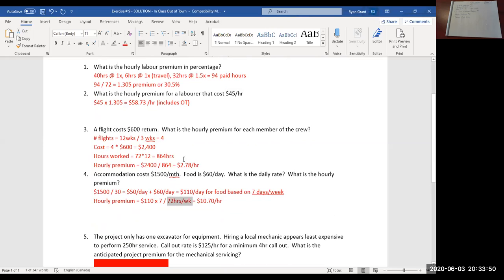But if you forgot this part, so questions 3 and 4, if you forgot these in your estimate, you would be short, say, $2.80 an hour plus another $10.70. So what's that? $2.80 and $10.70. So you'd be short $13.50 per work hour per crew member.